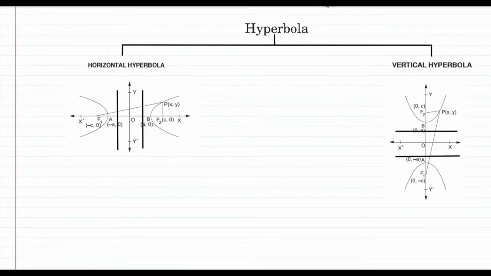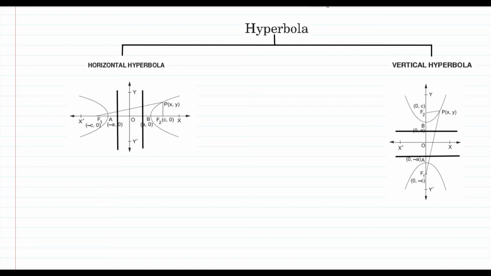There are two types of hyperbola: one is the horizontal hyperbola, another is the vertical hyperbola. When the transverse axis of the hyperbola is along the x-axis, it is called the horizontal hyperbola, and when the transverse axis is along the y-axis, it is called the vertical hyperbola.